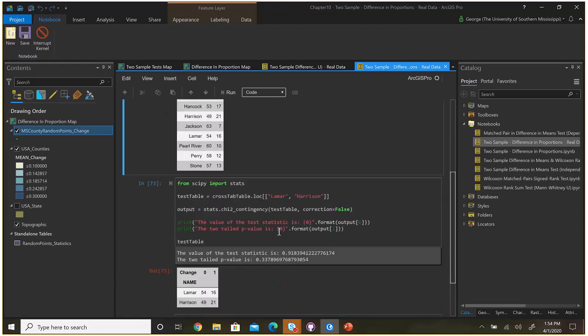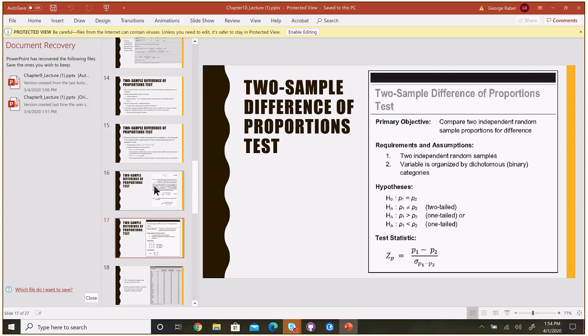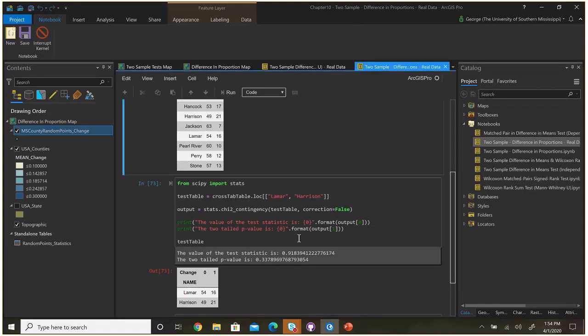Well, if we want to answer that question, we do it by running this test right here, the difference in proportions test. It has to be organized by yes, no, so we have change, no change. When we run that, we're going to get a value, and it is a z-value.